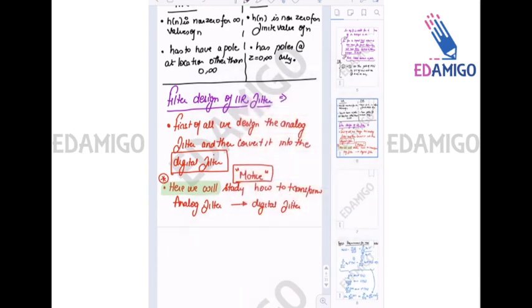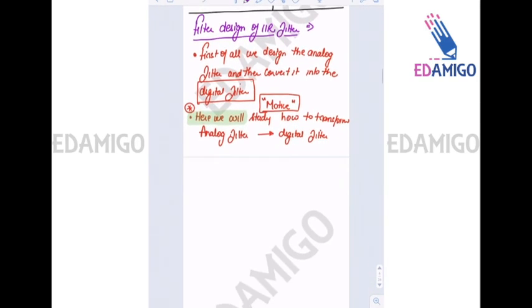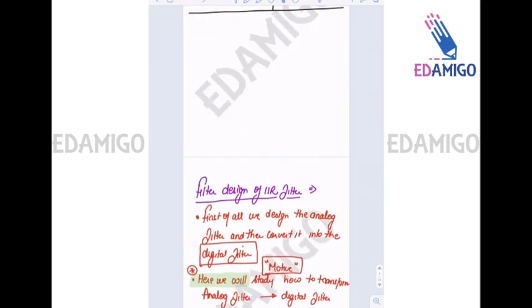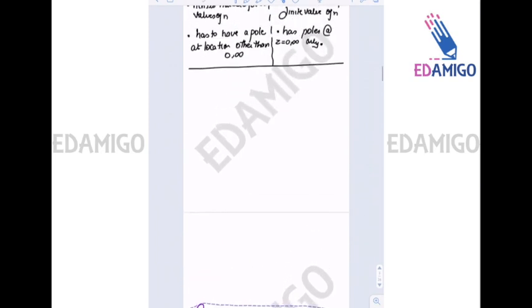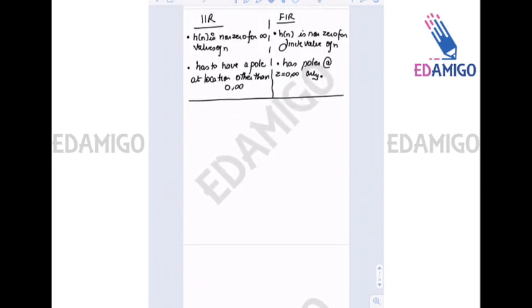Because these are the notes that I will provide you, I cannot ruin them, so in a systematic manner I will shift it downwards, and now I can write it here. So one more difference I want to add here. There is a very important difference between the IIR and FIR filters.